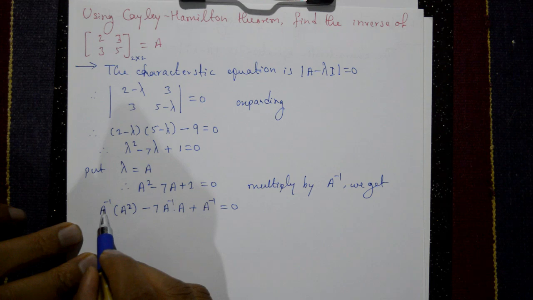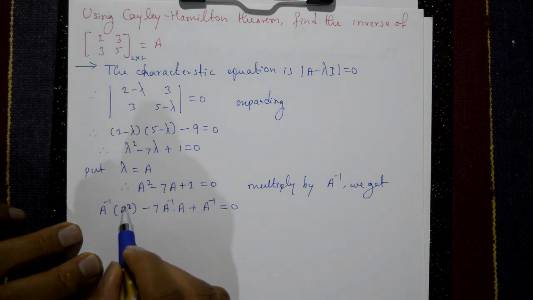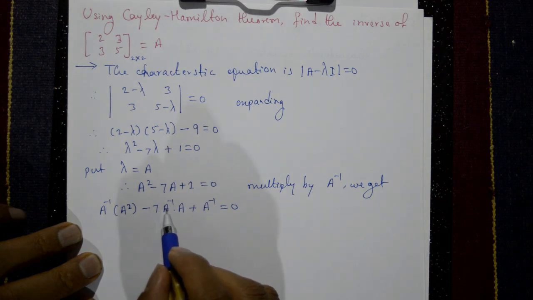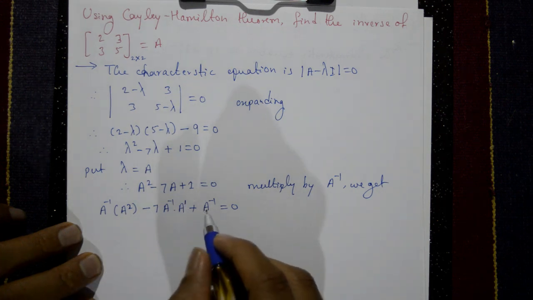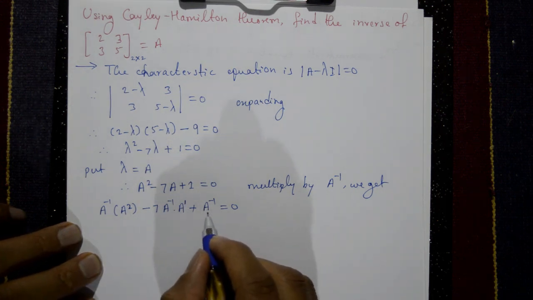Now see, this is A raised to minus 1, this is A square, so after that only A remains, and minus 7 A raised to minus 1 and A gives I. So the required inverse of A is this part.